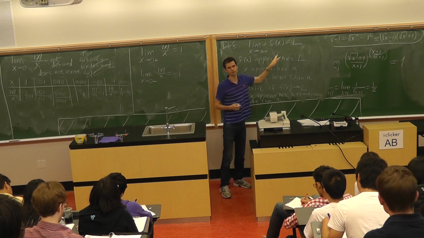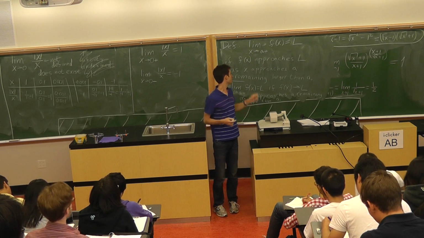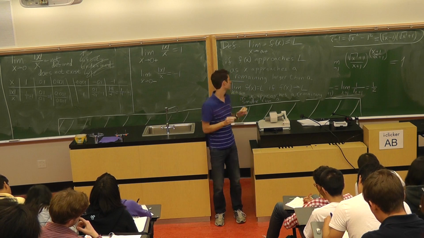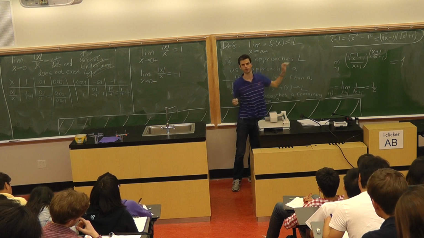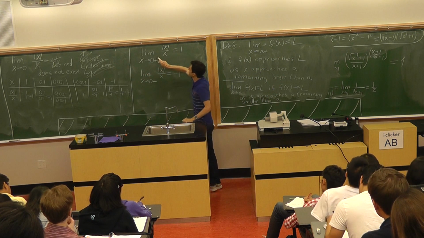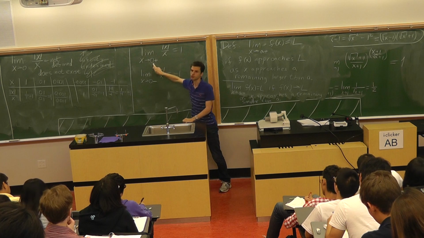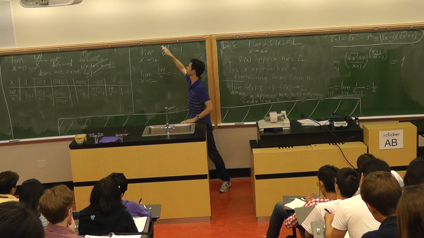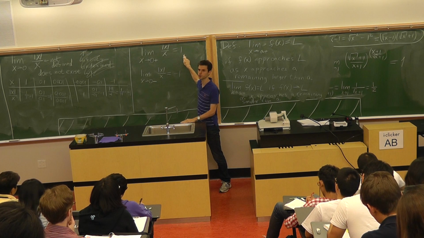So we say that such a limit exists if as x approaches a but stays larger than a, my function approaches L. So for example here, it would mean that as x approaches 0 but stays positive, which means bigger than 0, my function is close to 1.